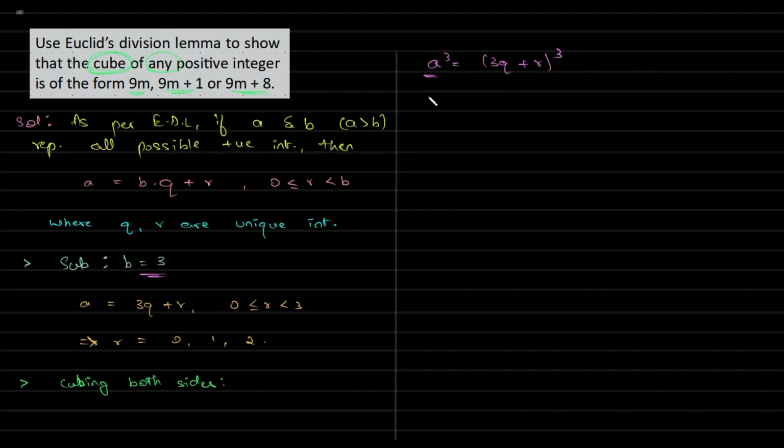So here we are using again a plus b the whole cube. I think I can do a better job. A plus b the whole cube, which is nothing but a cube plus b cube plus 3ab into a plus b, right? Oh yeah, this is the formula that we are using.